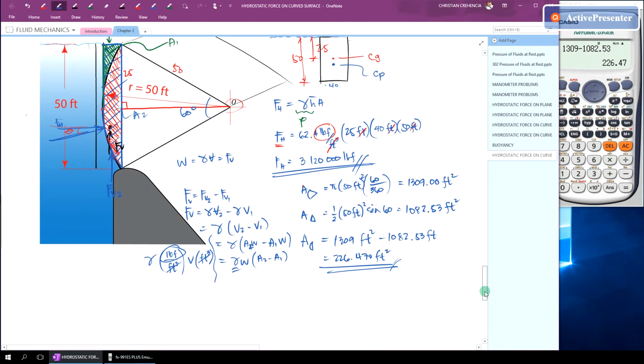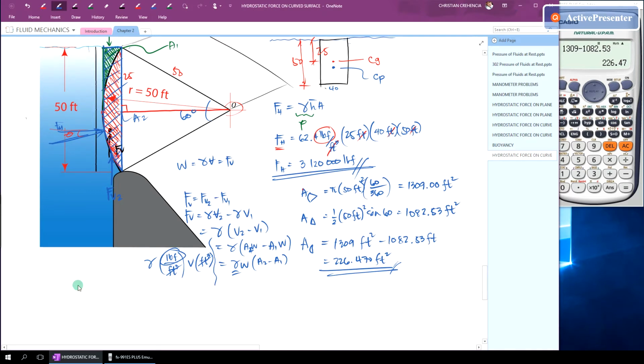So, ngayon madali na nating masosolve yung hydrostatic force, vertical component ng hydrostatic force. So, that is equal to, again, the weight of this volume of liquid. So, unit weight, 62.4 pound force per cubic foot multiplied by yung area natin na 226.47 multiplied by width of 40 feet.